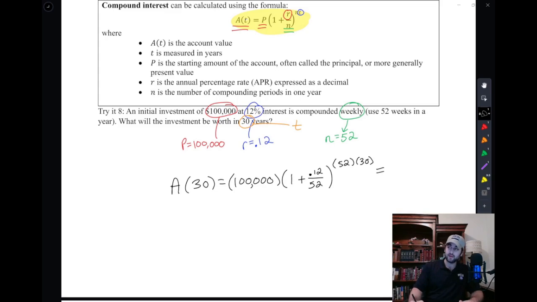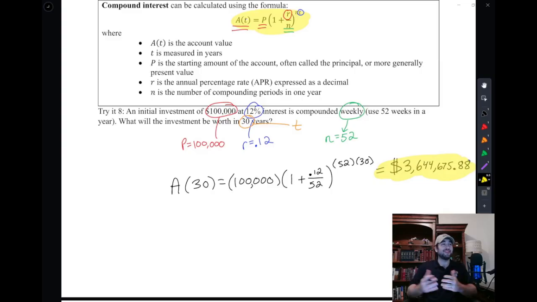And so after putting this in a calculator, we get 3,644,675.88. And so what that says is, after 30 years, I lent you $100,000, but you owe me over $3 million because I lent you $100,000 30 years ago, because the interest was compounding every week. And so that's a practical use of exponential functions.